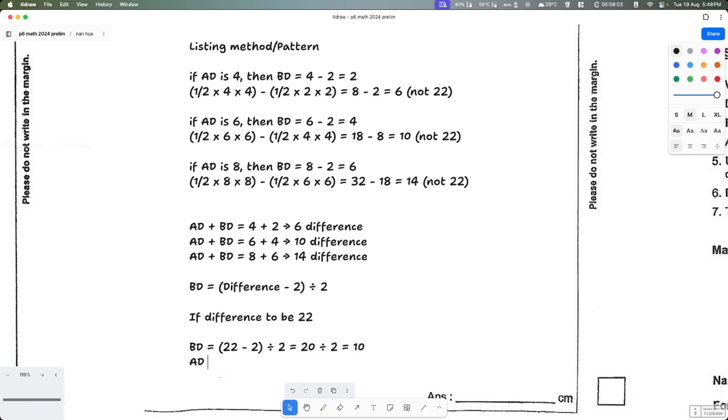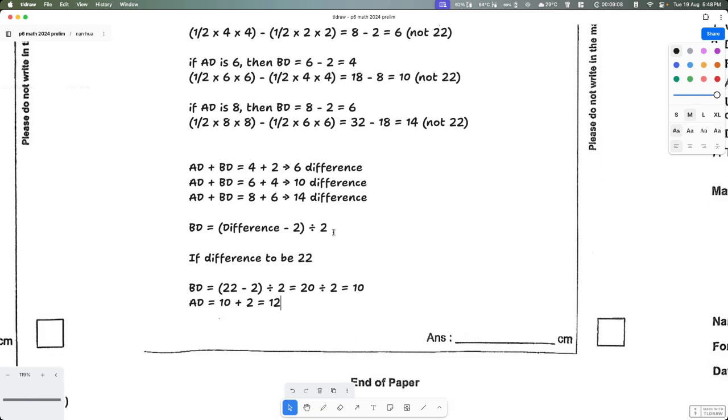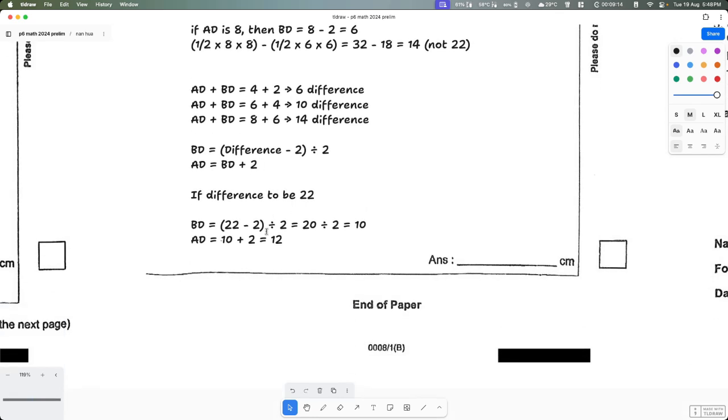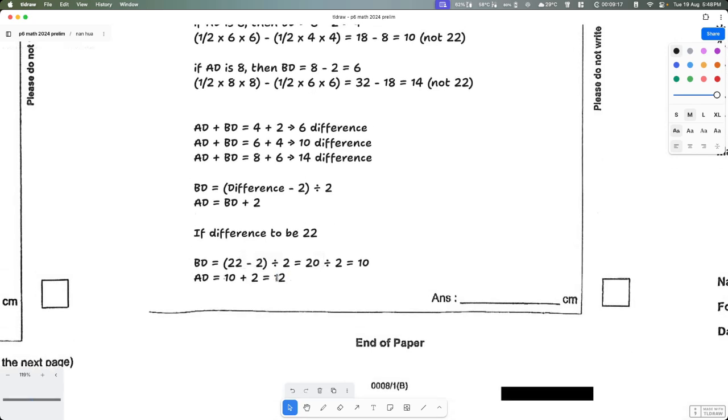So that means AD is equal to 10 plus 2, which is 12. That's it, right? AD is equal to BD plus 2. So this is 12.